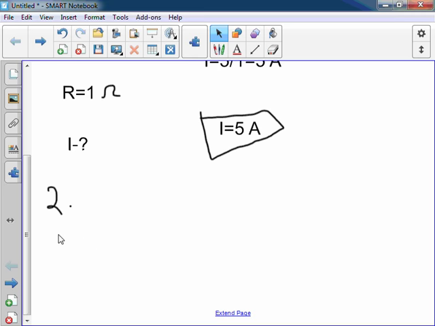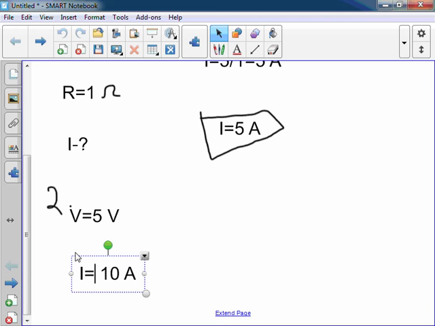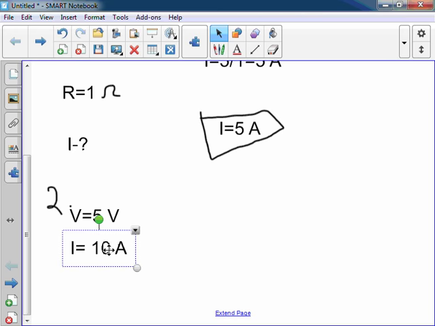Okay, so this time I'm going to have, once again, a voltage equals 5 volts, capitalized. I'm going to have a current, and my current is going to equal 10 amps. That's a lot of current, by the way. And I want to find resistance.